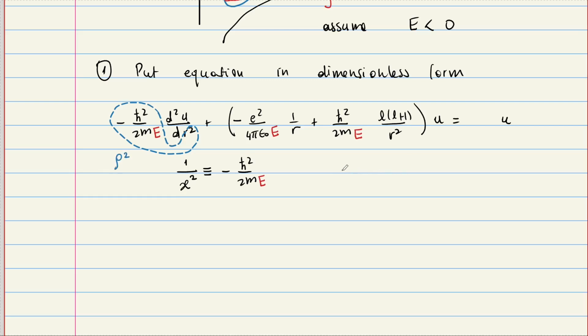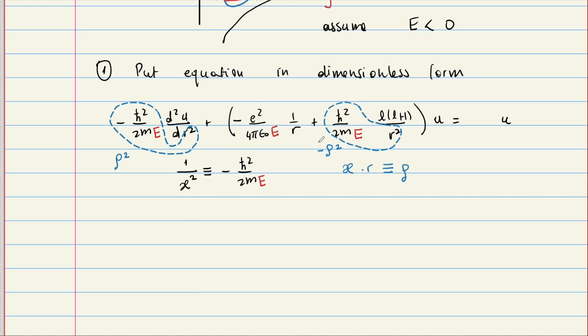If you want, this kappa times r, I define to be rho. And here I have another rho squared. You can see here I have one more. This is also rho squared. Actually, this is minus rho squared because we define kappa with the minus sign.